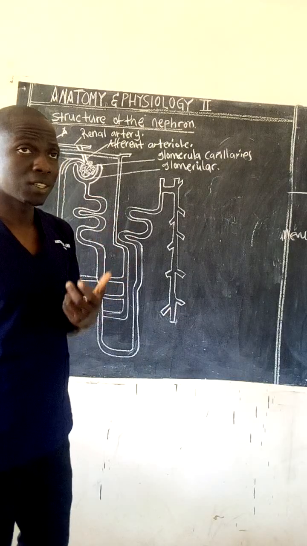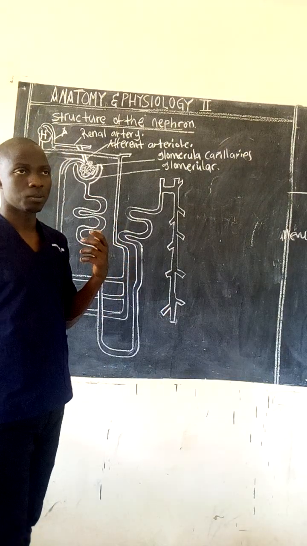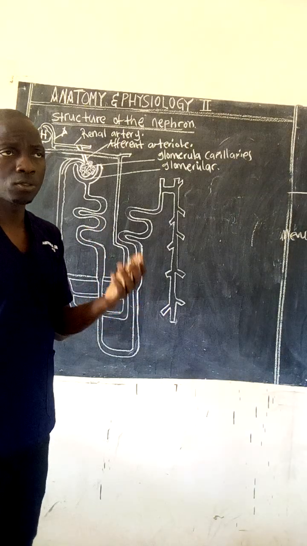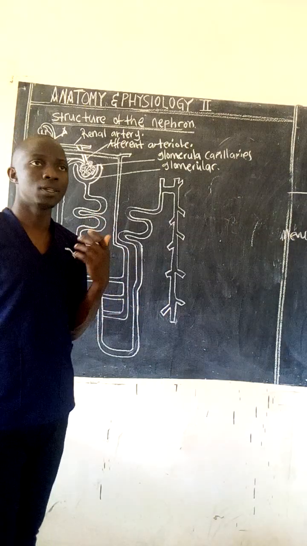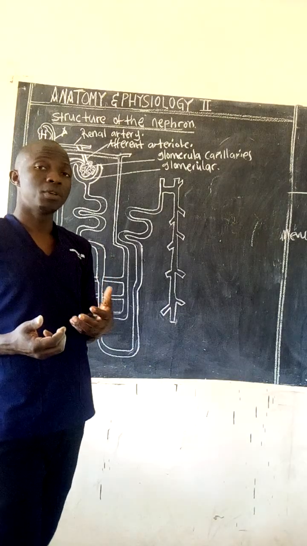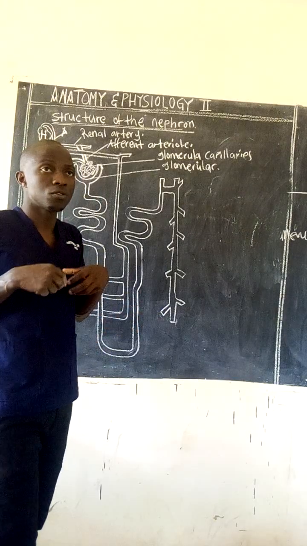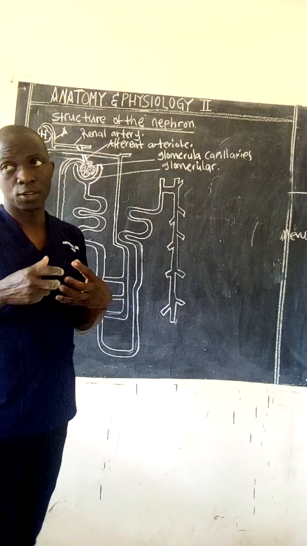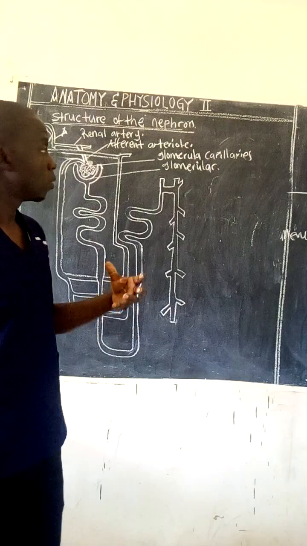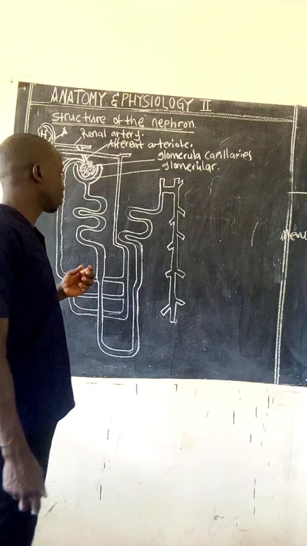Whereas those substances that are not permeable, such as blood cells, red blood cells, white blood cells, platelets, and hormones, will not be filtered here, either because they are too big to be filtered, or they spend less time at the glomerulus.